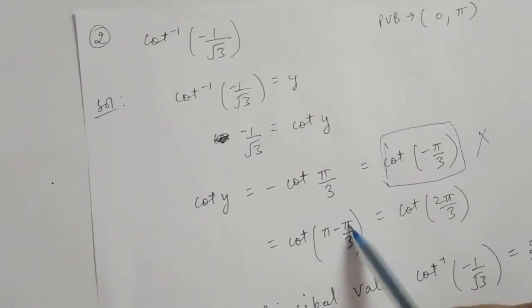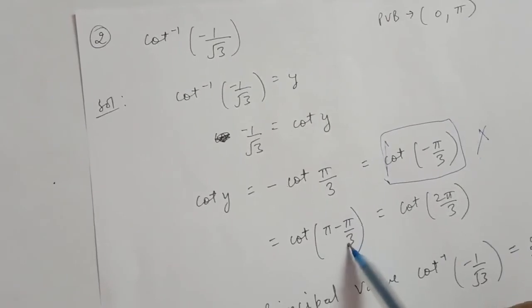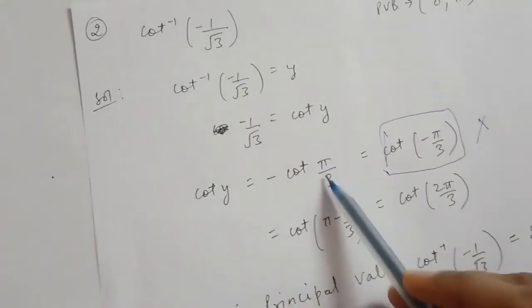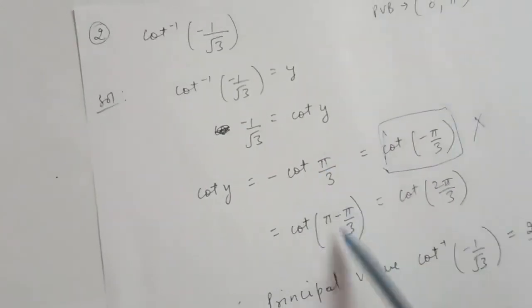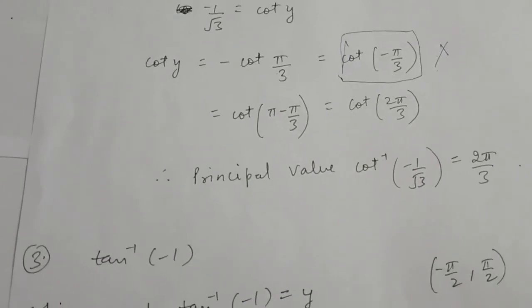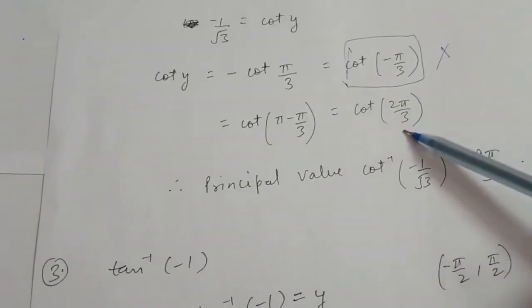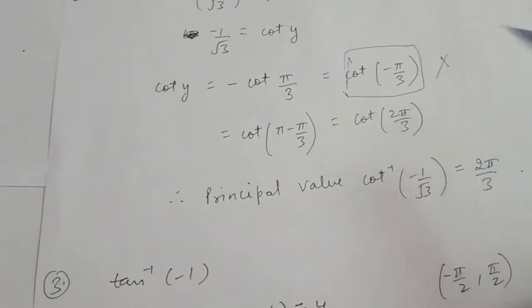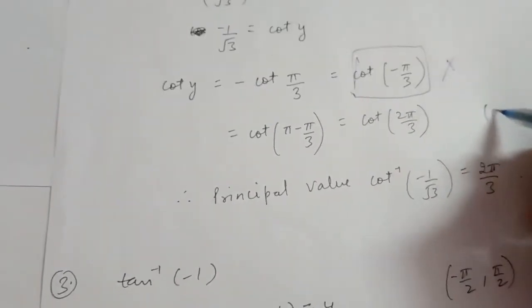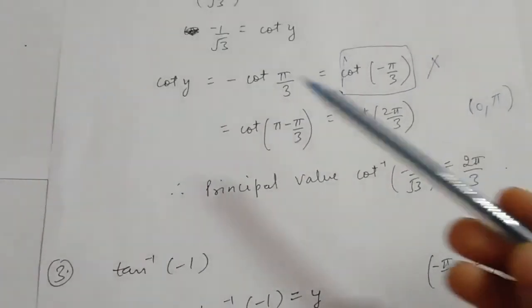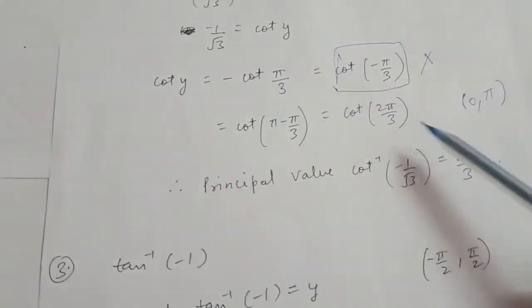Also this angle lies in the second quadrant where cot is negative, so this is nothing but minus cot pi by 3. Therefore this can be written as cot of pi minus pi by 3. Now solve this angle, it will be cot 2 pi by 3, and now this angle lies in the range 0 to pi. Therefore y will be equal to 2 pi by 3.